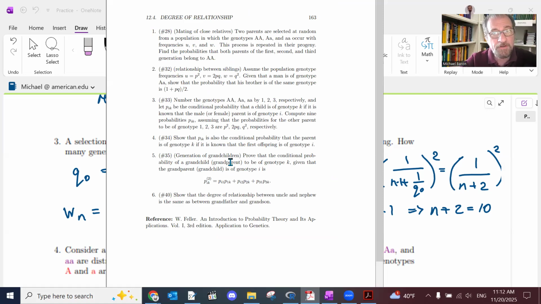Is this a higher probability than between aunt and nephew? So in that way, we are solving degree of relationship problems. Of course, there are many other problems connected to statistical genetics.